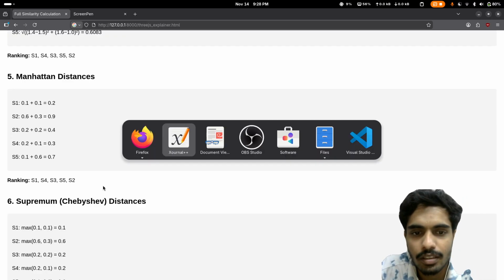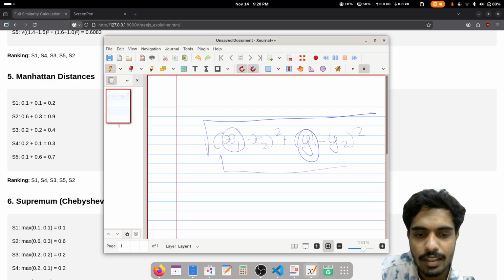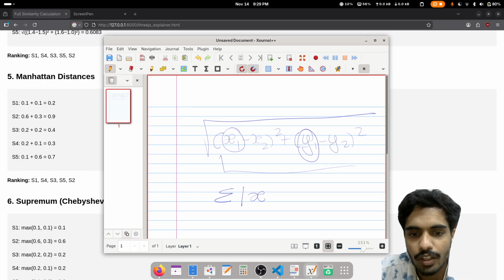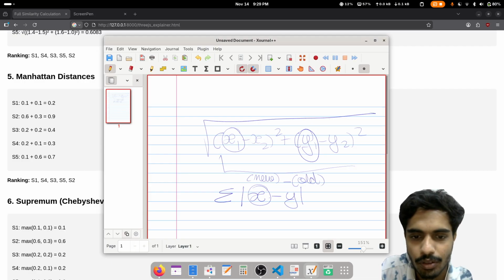The formula for Manhattan is the summation of the modulus of x minus y, where x is the data for the new vector minus the data for the old vector.